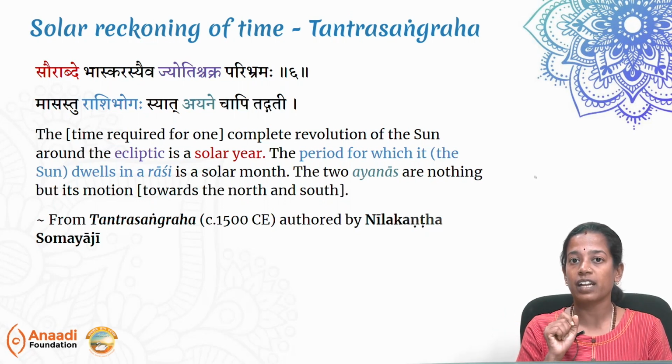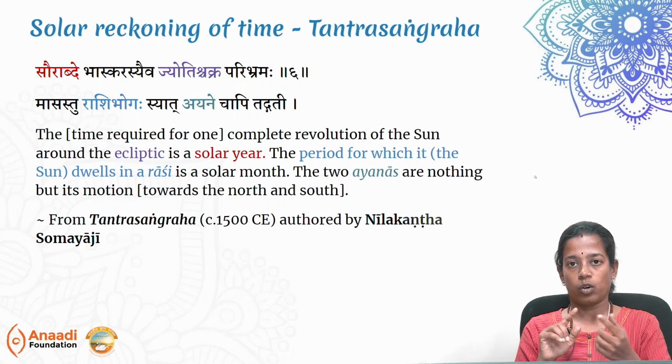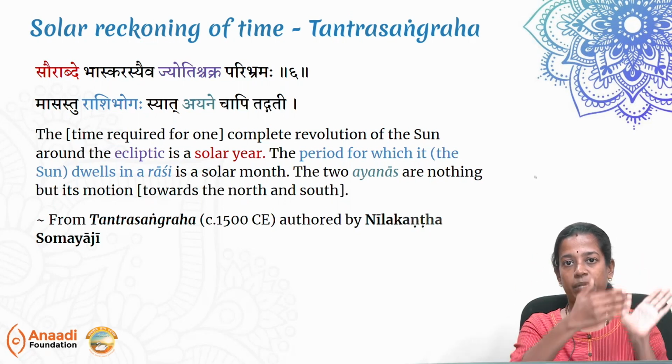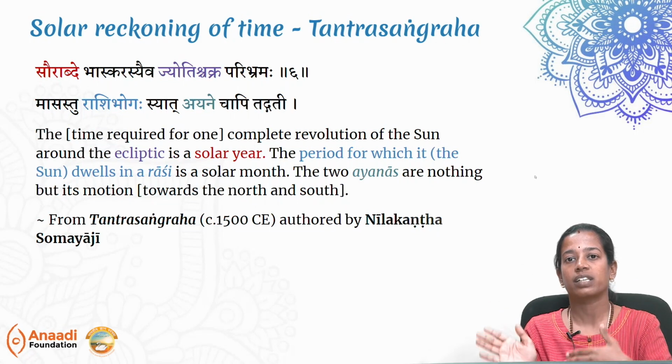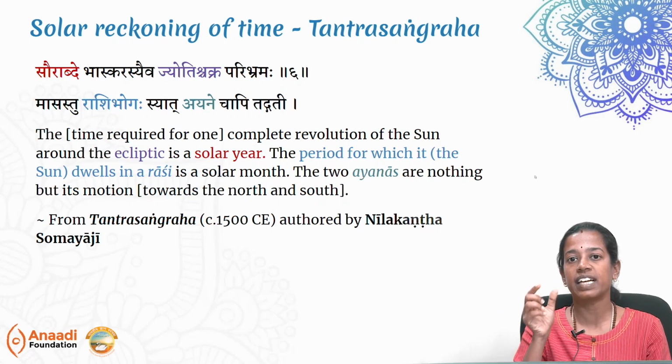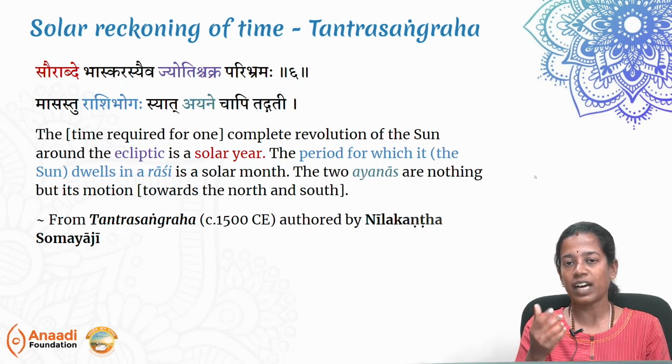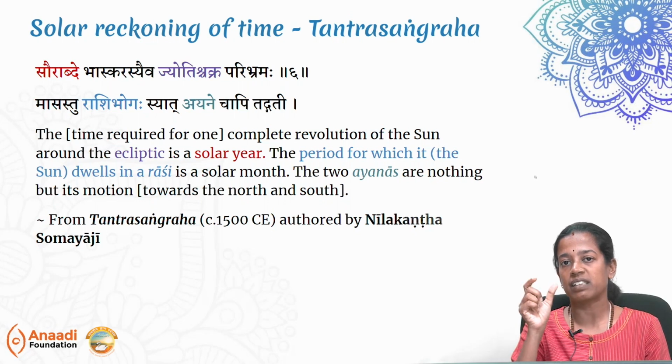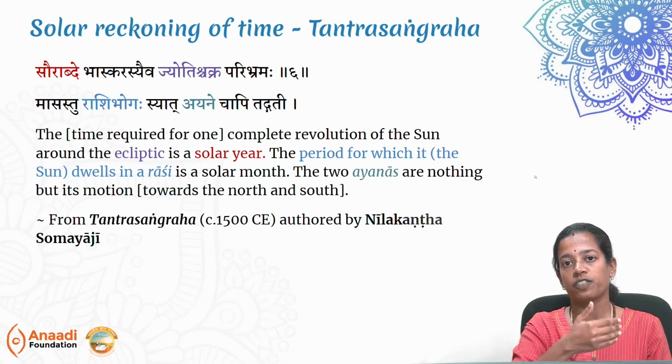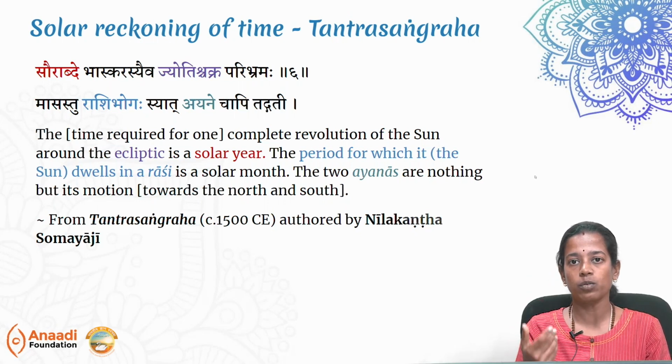Now, how did we calculate the Masa? The whole 360 degree turn is divided into 12 equal angular segments, which gives us 30 degrees each. Angularly, the sun would be spending 30 degrees on each of the Rashis. That is how a Masa is calculated.